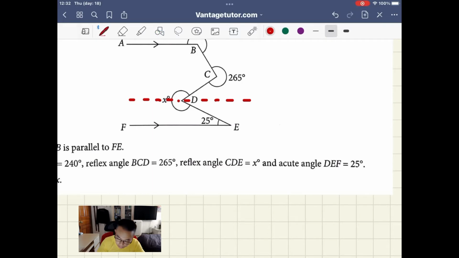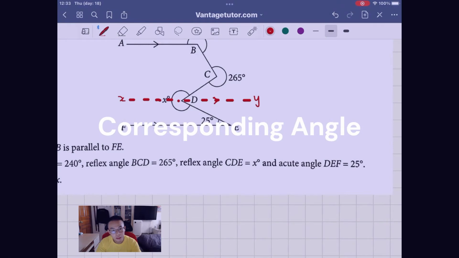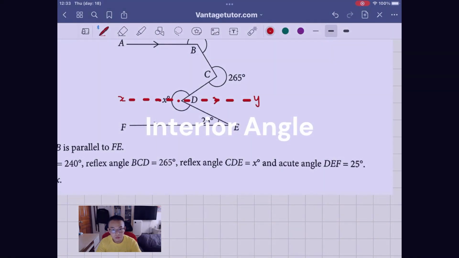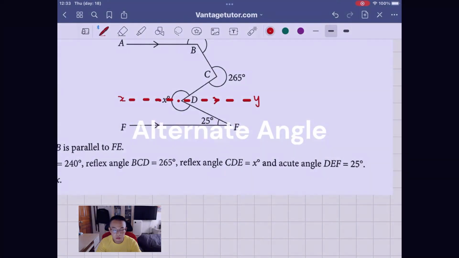So let's call this X and Y. Why is that important? Because remember, in your answering technique, you always need to label your angles and then give your rules and your reasons for why you do certain calculation. Now because of this straight line that I drew, you can see that I straight away can apply my 25 degree. How? Remember I told you, once you have drawn your parallel lines, you're always looking to apply either your corresponding angle, interior angle, if not your alternate angle.